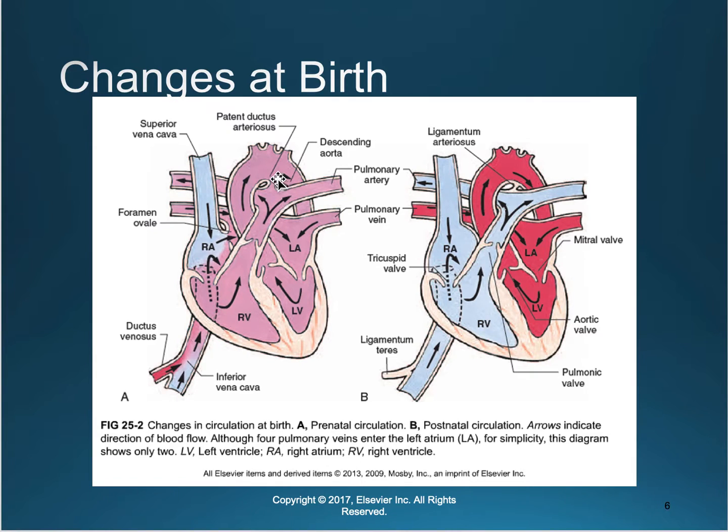So you can see the patent ductus arteriosus between the aorta and the pulmonary artery. That is patent because all the blood is oxygenated. There doesn't need to be any differentiation. And then you also have the foramen ovale, which is the opening between the two atria.